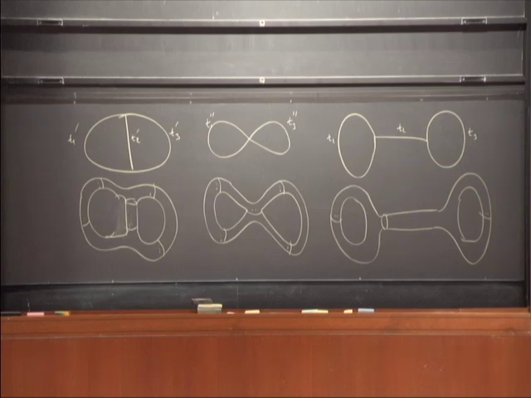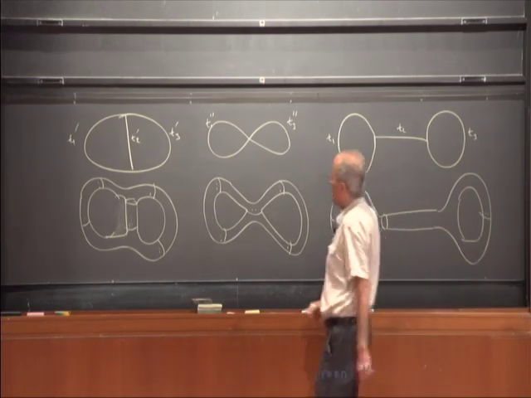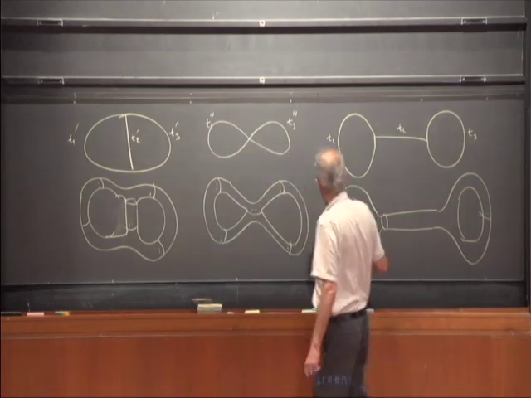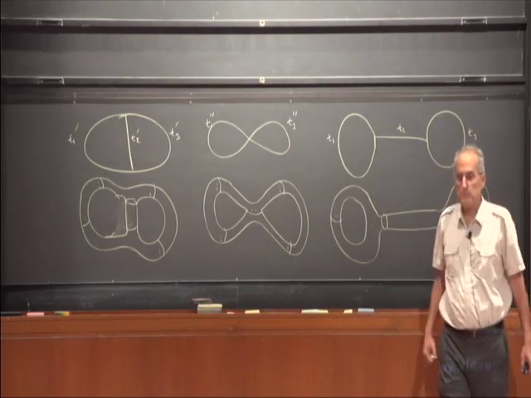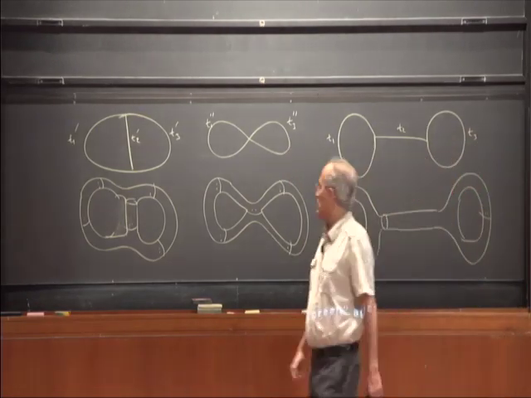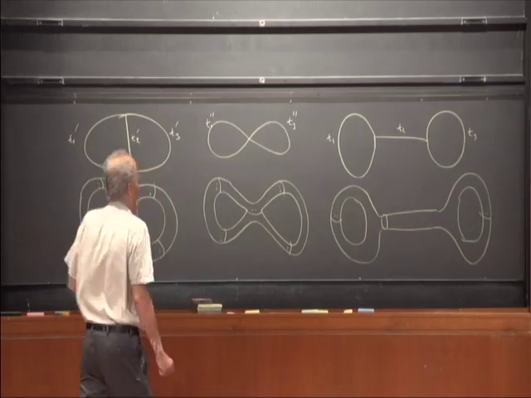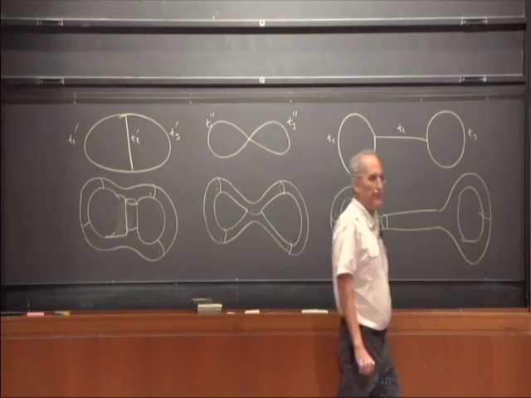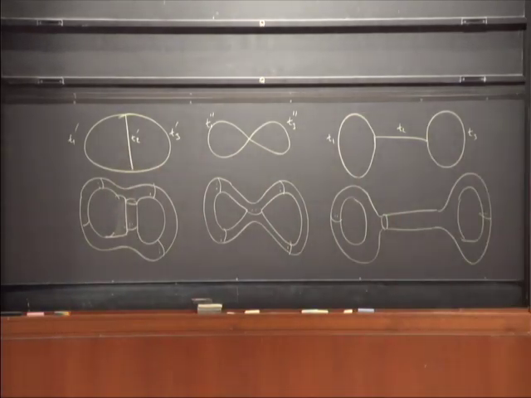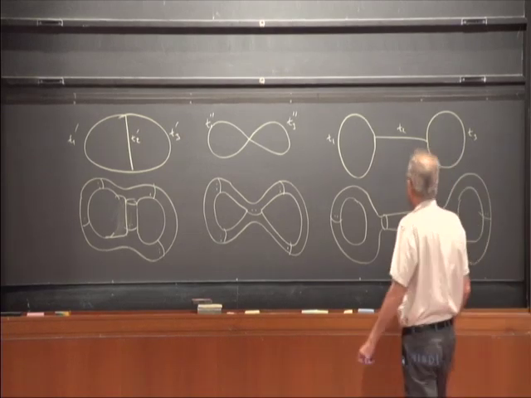But in string theory, I showed you how to smoothly interpolate from this guy to this guy. I told you that there was this 19th century result that up to diffeomorphisms and conformal scalings of the metric, a two-dimensional surface has only finitely many parameters. But what are the parameters?